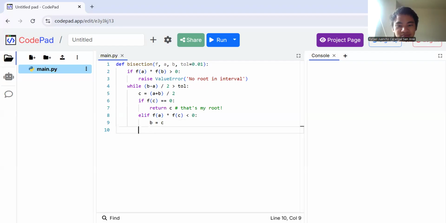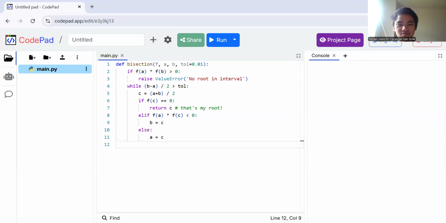Then from there, oh yeah, else, let's say it's greater than, or it's another case, then my a is assigned to c. And from there, I just return, I think it was here.